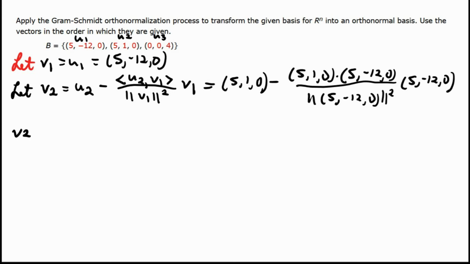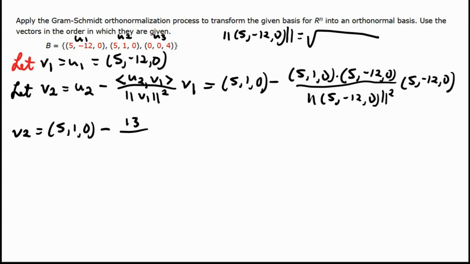So V sub 2 is 5, 1, 0 minus, take the dot product, that gives us 25 minus 12, so we get 13, plus 0, all over the norm of 5, negative 12, 0, which is the square root of 25 plus 144.